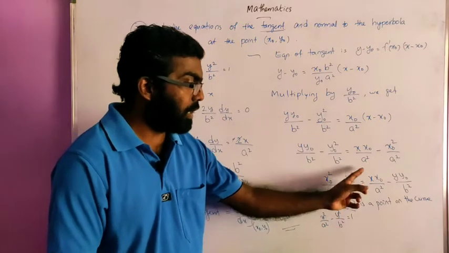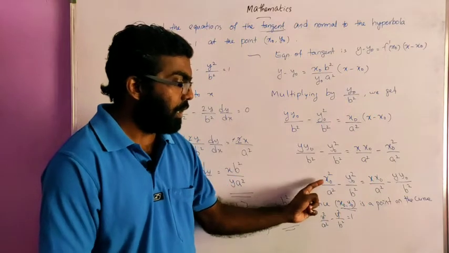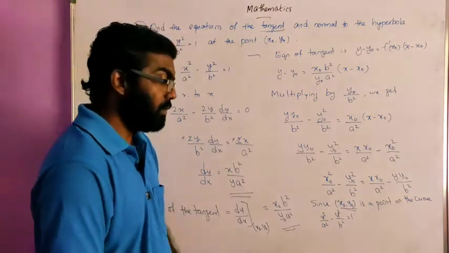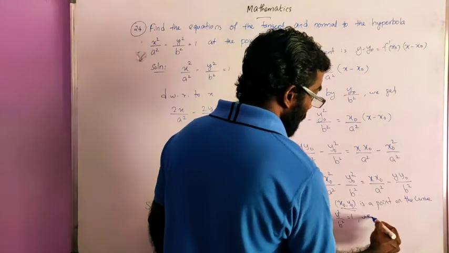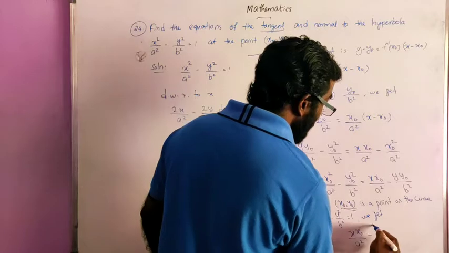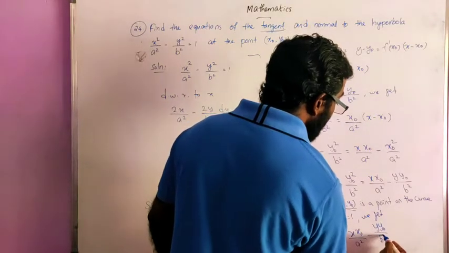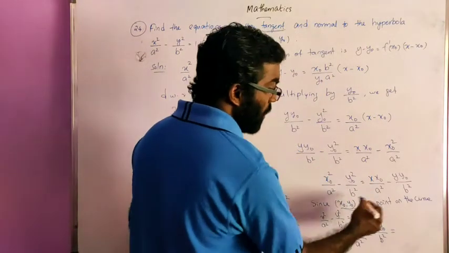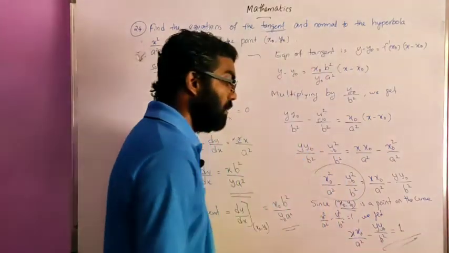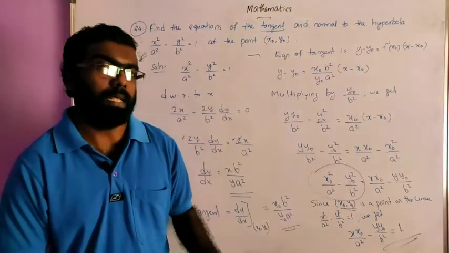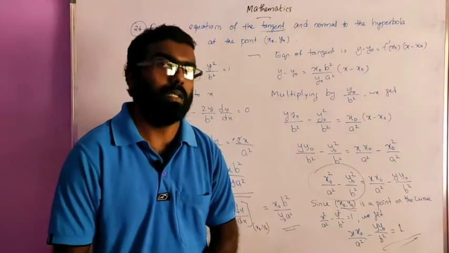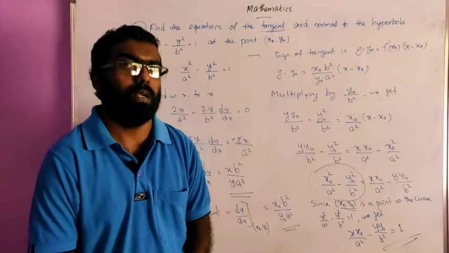That means the LHS of this equation becomes 1. So we get x x0 by a square minus y y0 by b square is equal to, this part is 1. So the equation of the tangent is x x0 by a square minus y y0 by b square is equal to 1. Clear?